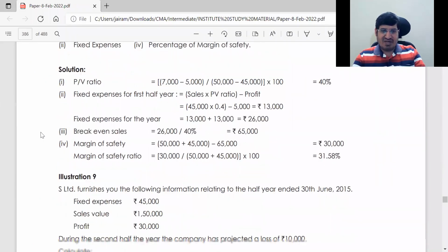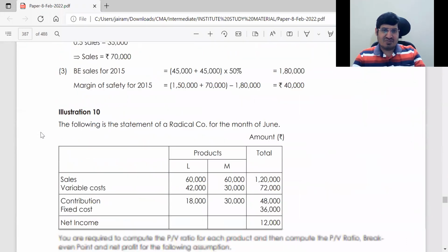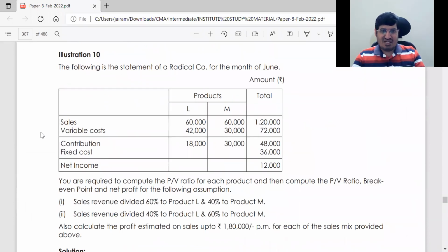This illustration 8 we did, 9 we did, right? 10. Okay. So let's see what they are asking here.